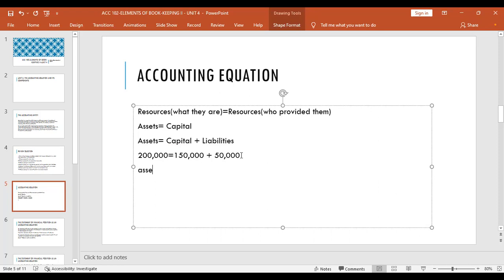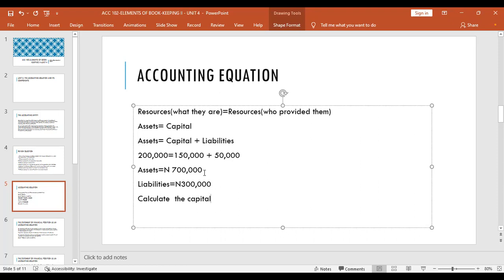So I have assets of the business as 700,000 naira. I know the liabilities; we're given the liabilities figure to be 300,000. So the examiner now says that we should calculate the capital.